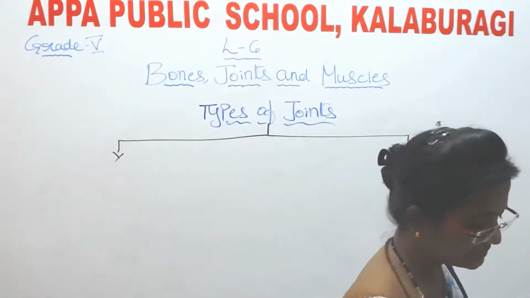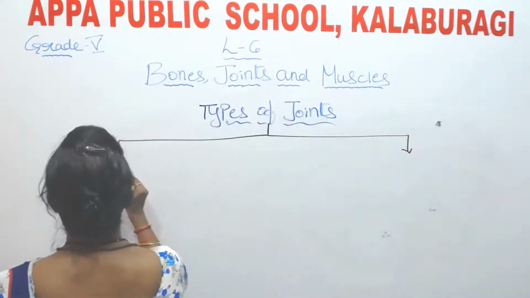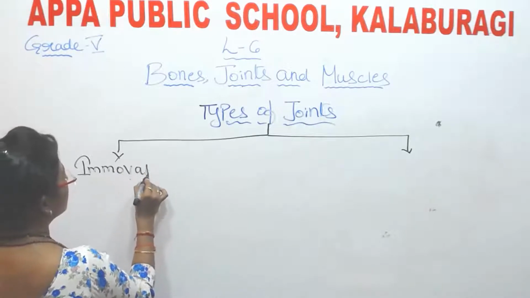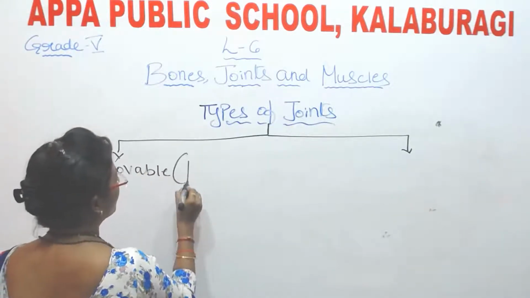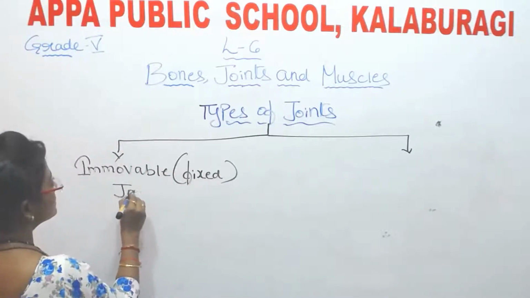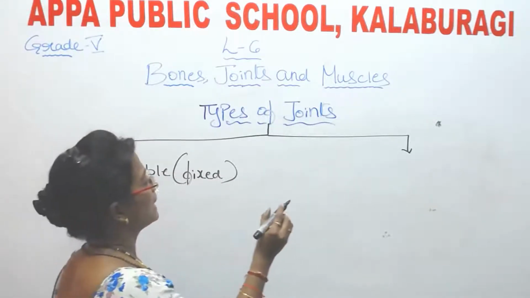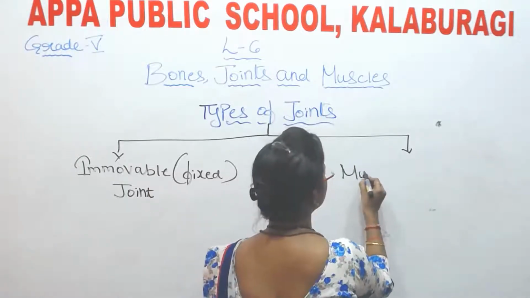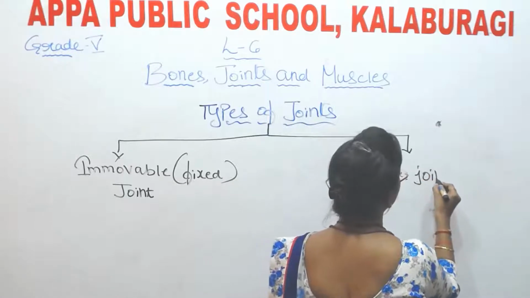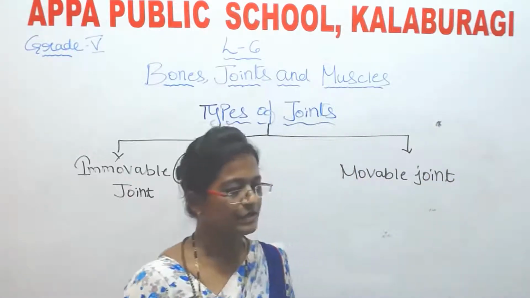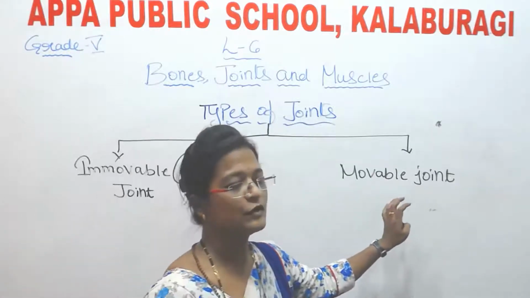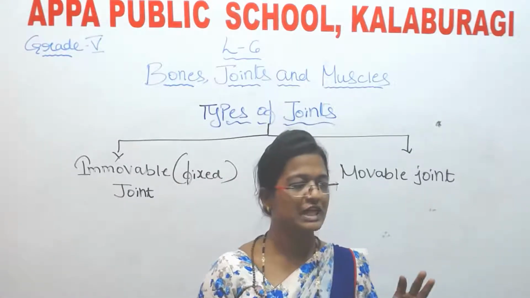Okay, so here there are two types: immovable or fixed joint, and another one is movable joint. So there are two types of joints.